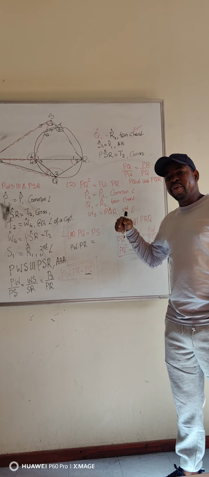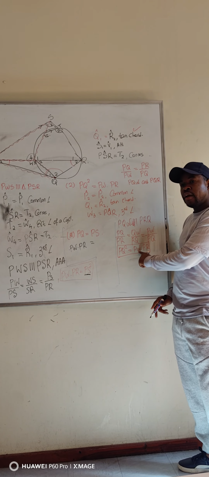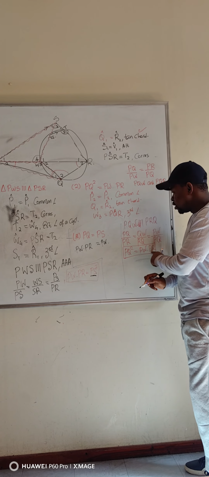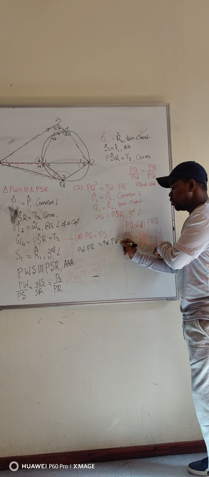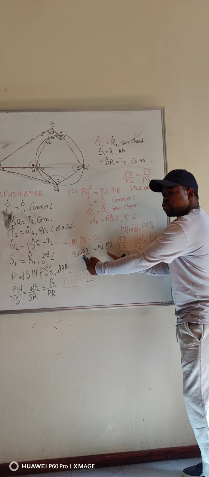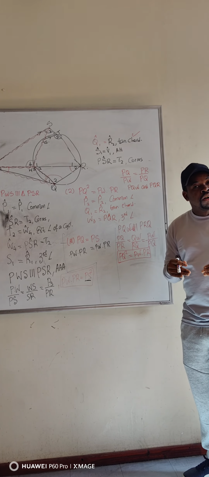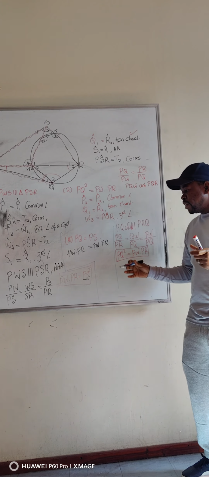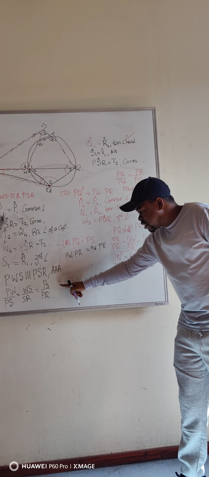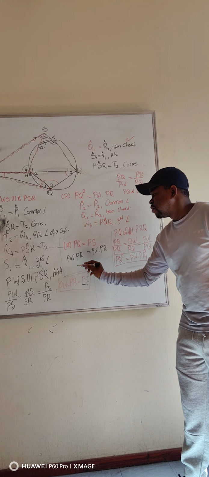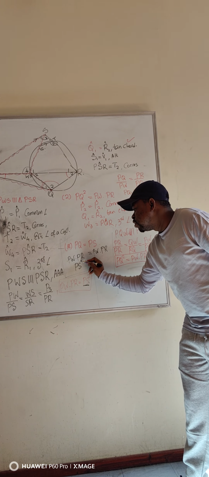Then equal to, what is my PQ squared? It's PW times PR. Okay? Can you see that these two are the same? Are you sure? So because they're the same, instead of this PW multiplied by PR, I'm going to write PS squared.